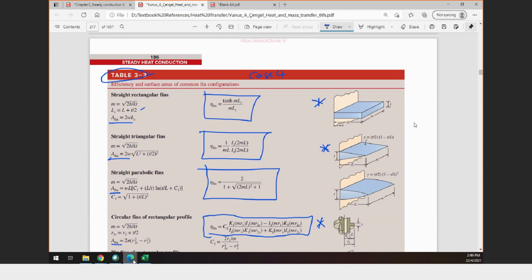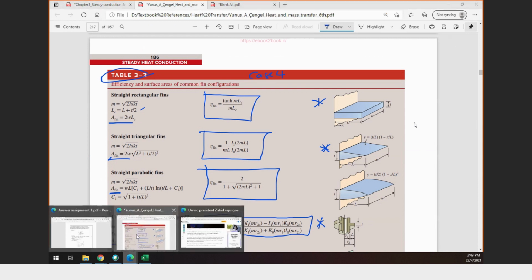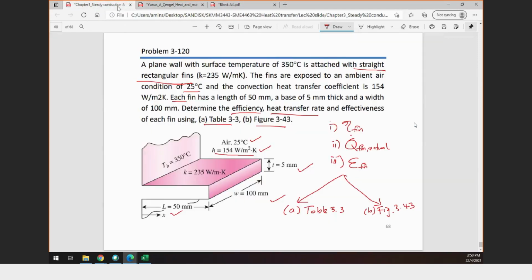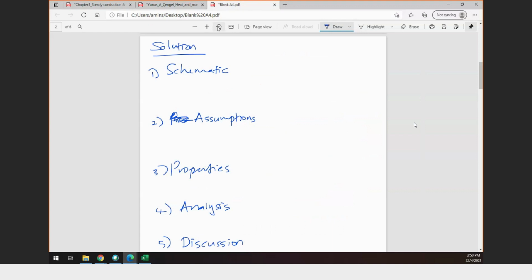So first you need to draw the schematic. So the schematic will be, you need to draw again the fin.